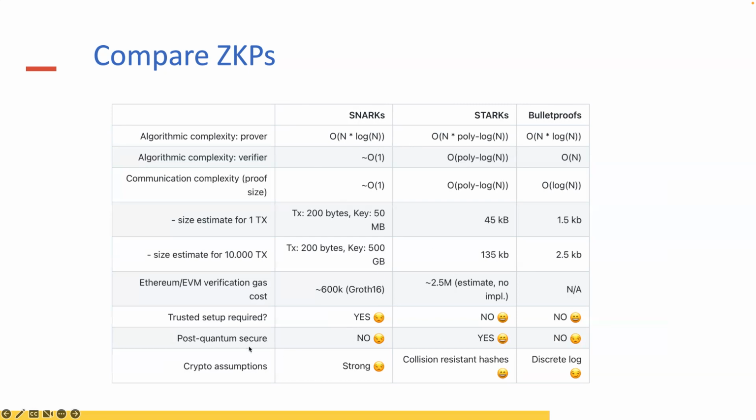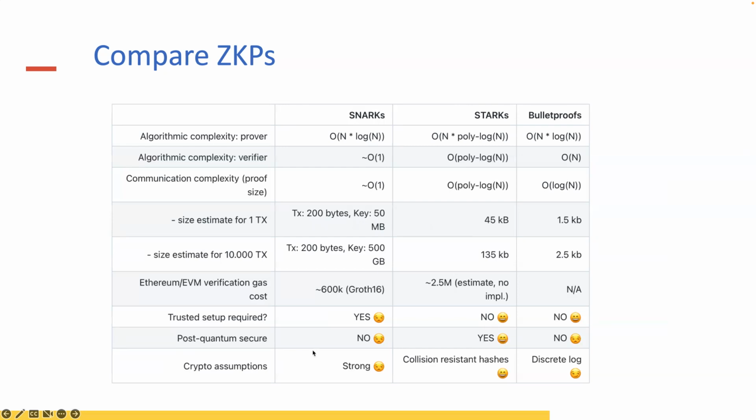For example, for some of them the proof size is very small, and for some it is not. For ZK Snark, the proof size is usually just 200 bytes, versus, let's say, Stack, which can be like 45 kilobytes. So it's like 100 or 200 times bigger.